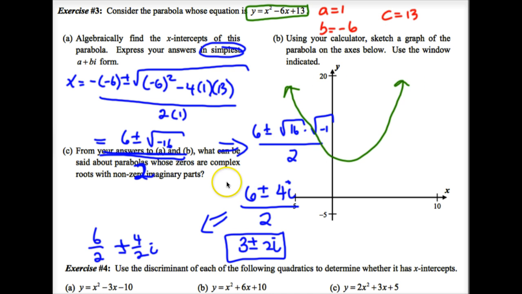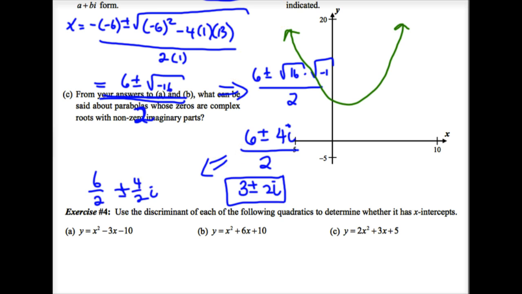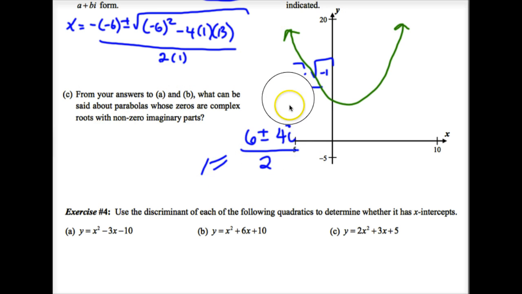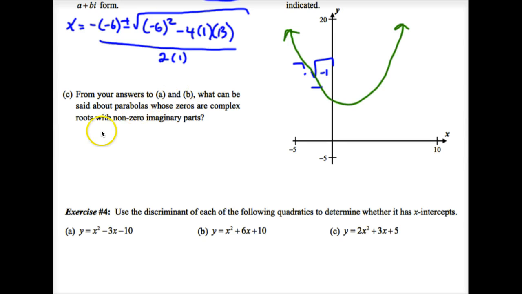Part C says, and I'm going to take this off, make sure you have these copied. Part C says, from your answer to A and B, what can you say about the parabola whose zeros are complex roots?